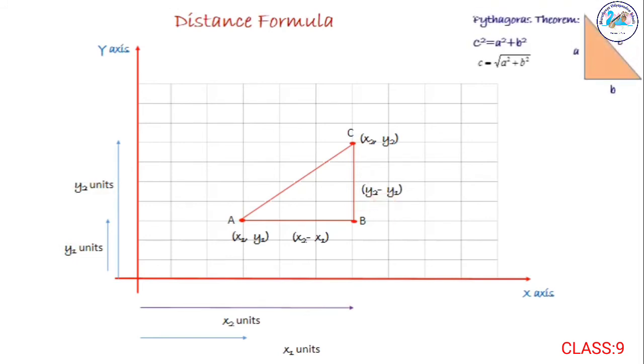Now we apply Pythagoras theorem: C is equal to root of a square plus b square. By applying that, we get AC. This length is x2 minus x1, that is AB, the whole square, plus this length, y2 minus y1, square. That is the distance formula, and this is a very important formula, the general form of the distance formula, and we will be using it throughout this chapter for calculating the distance between 2 points.